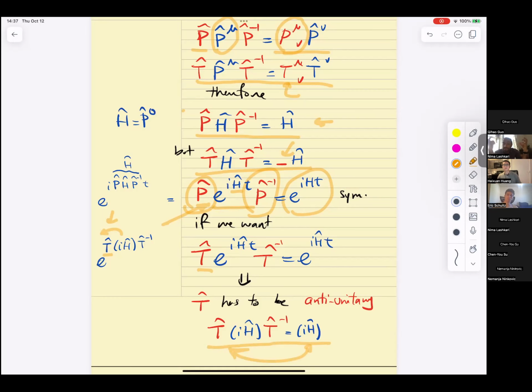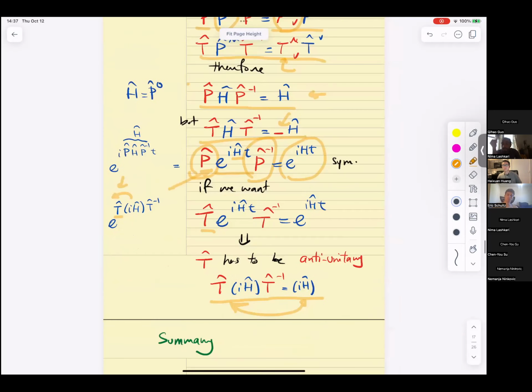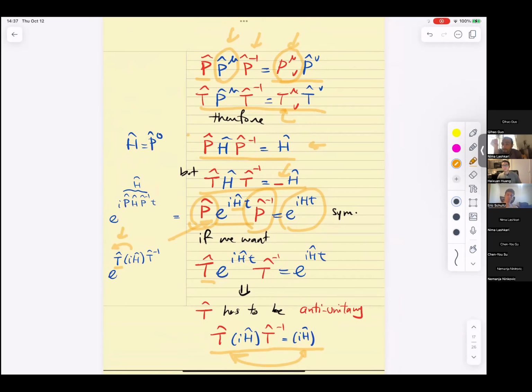Here, what we learn is that what is telling us that parity is unitary and time reversal is anti-unitary is the requirement of positivity of energy. That is the requirement. This is very, very crucial.